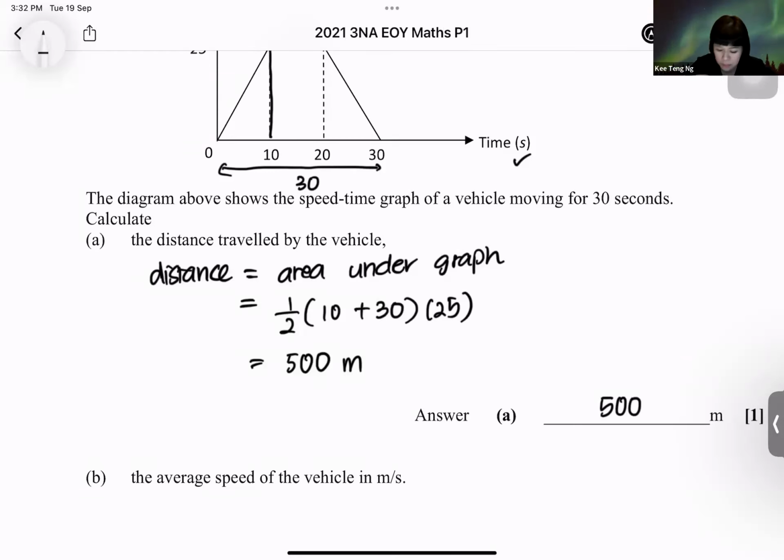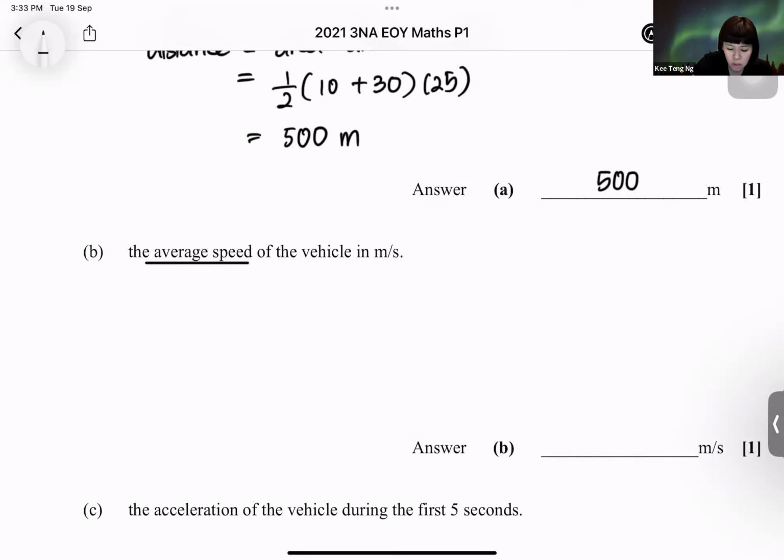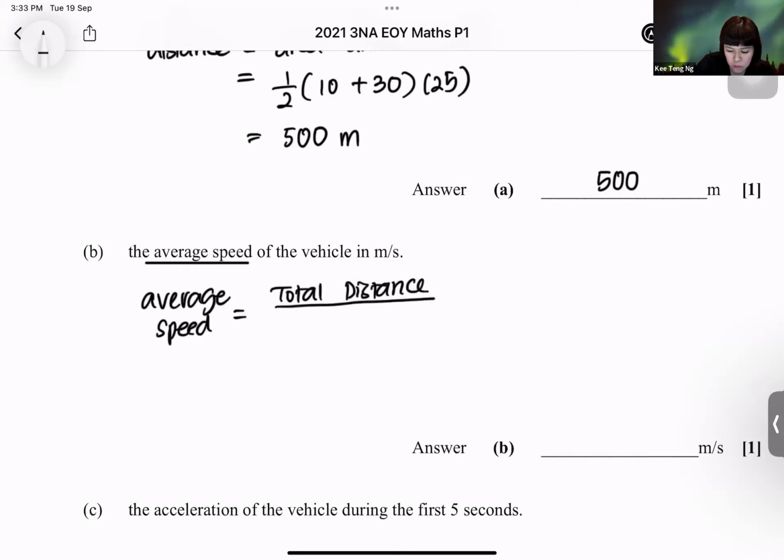Next, find the average speed. Average speed is given by total distance. There's the word total, right? Average speed equals total distance over total time taken.